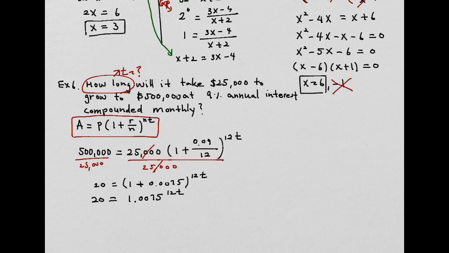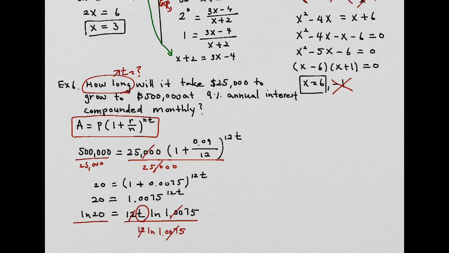And we take the natural logarithm of both sides to bring down the exponent. Then divide both sides by 12 ln 1.0075 to isolate only t.